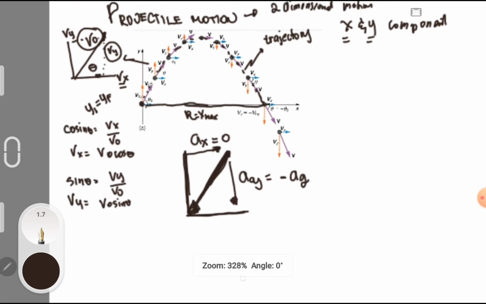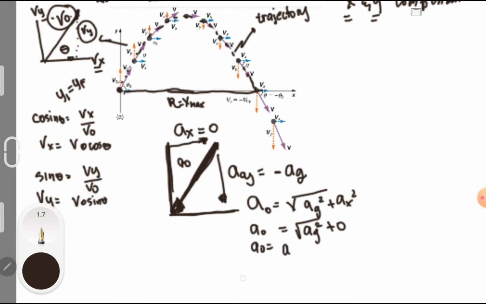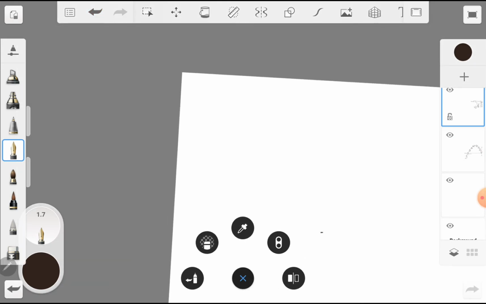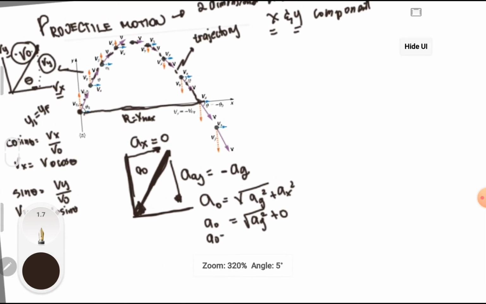If you would get the value of your a0, a0 is equal to the square root of ag squared plus ax squared, which is equal to the square root of ag squared plus 0, therefore our a0 is equal to the acceleration of gravity.